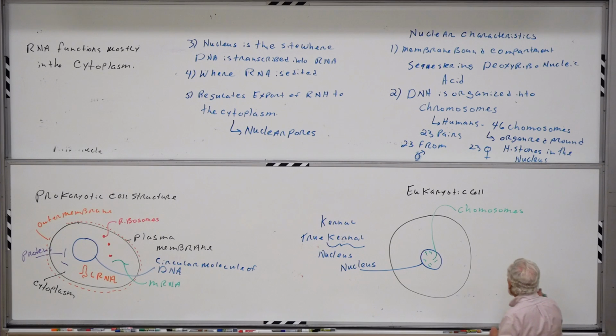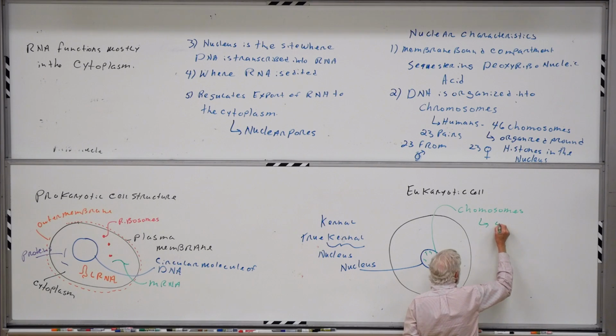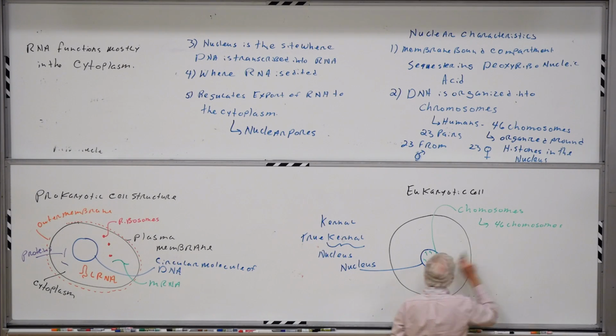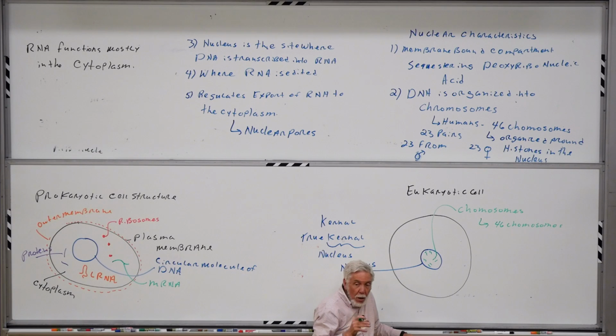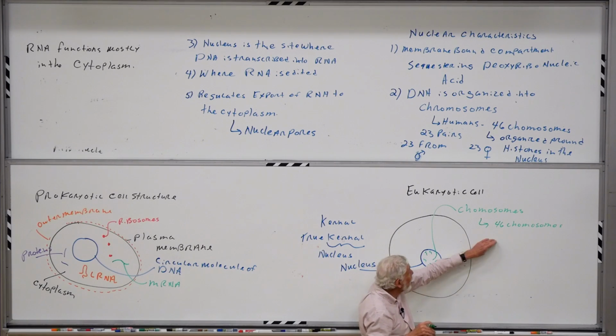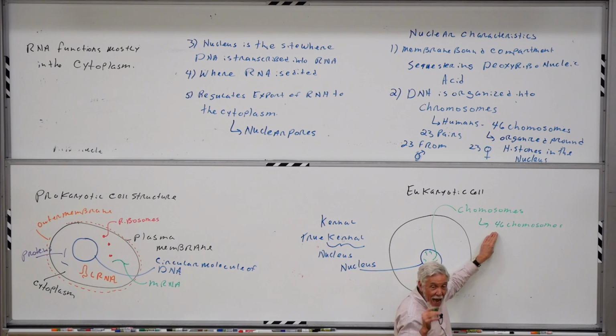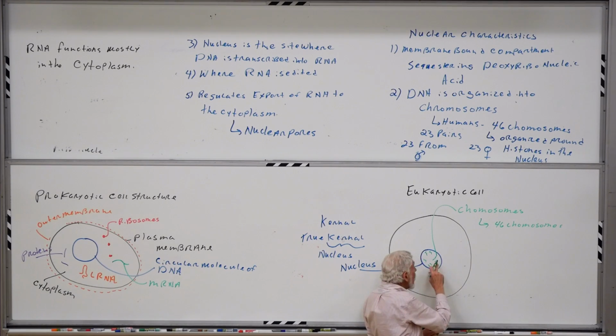And remember, we're going to have to stuff 46 chromosomes into that nuclear compartment. Not only do we have to push all of these chromosomes into the nuclear compartment, but we also have to be able to readily access subregions of that DNA so we can transcribe it into RNA and make protein. So you have to not only organize the chromosomes so they fit into this tiny volume, but you also have to be able to access different regions of those chromosomes whenever you need it.